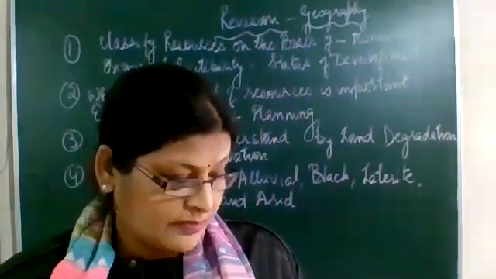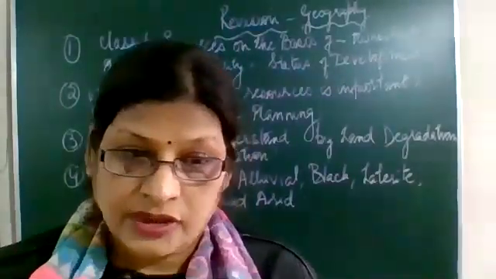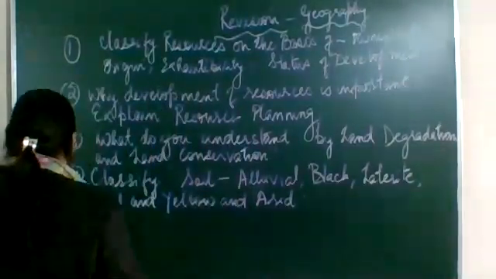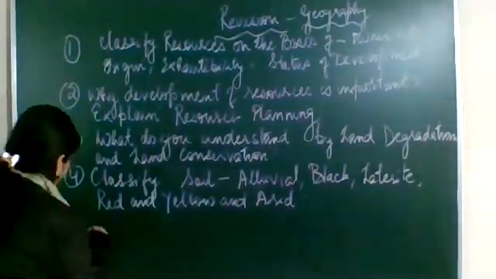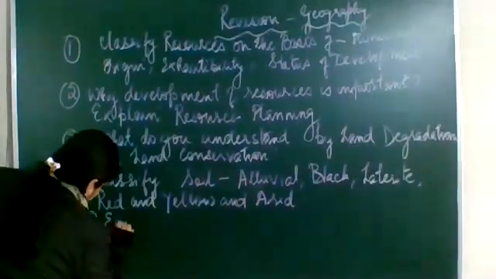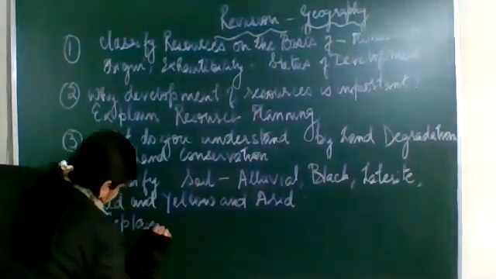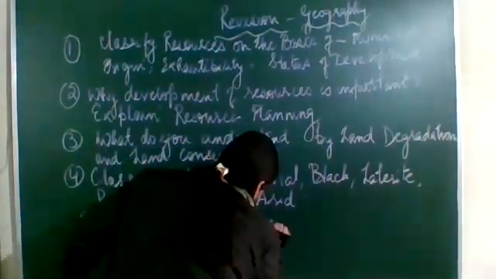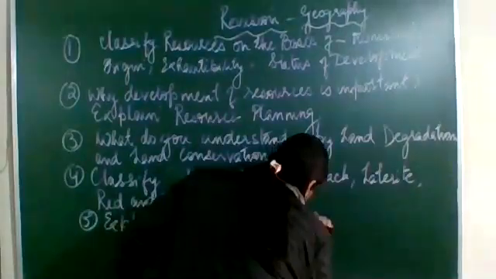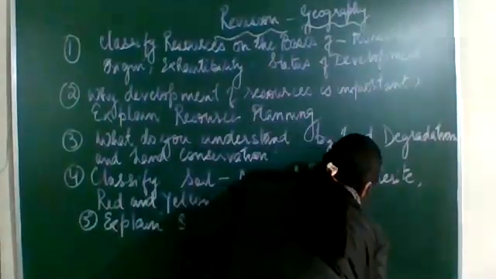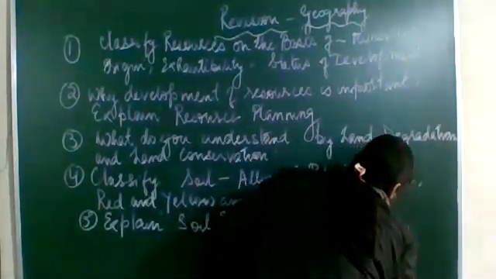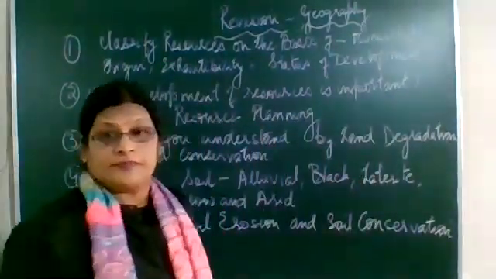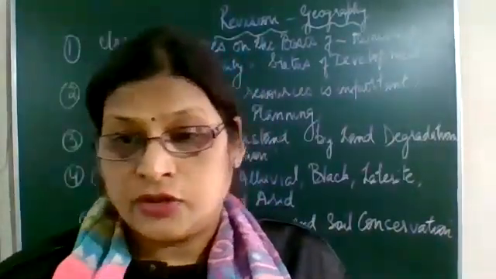That is alluvial, black soil, red and yellow soil, laterite soil, and arid soil. Next question. Explain soil erosion and soil conservation.